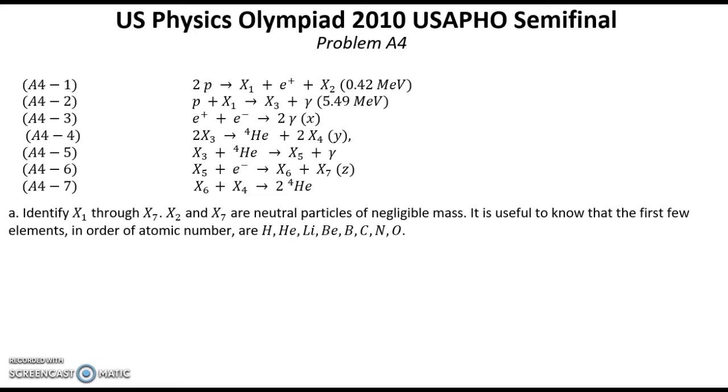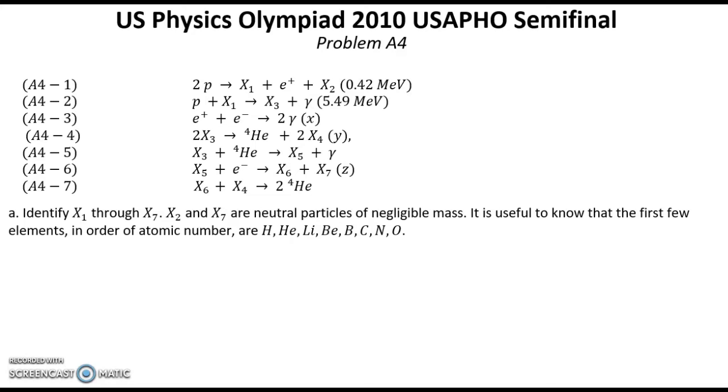which is hydrogen 2. And also the lepton number is conserved. It means that the number of electrons plus number of neutrinos minus number of positrons minus number of anti-neutrinos must be conserved.